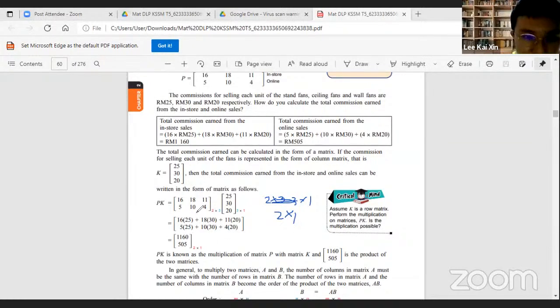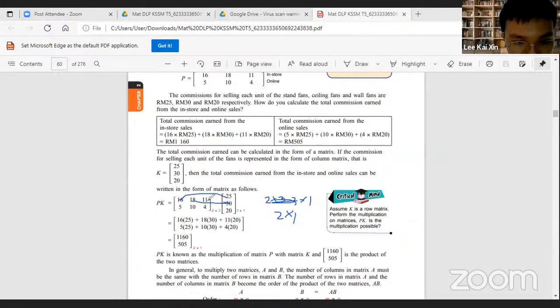But how should we do it? You get 16 times 25. How do we make it into 2 by 1? So we add the products of these: 3 times 25, 25, 18.